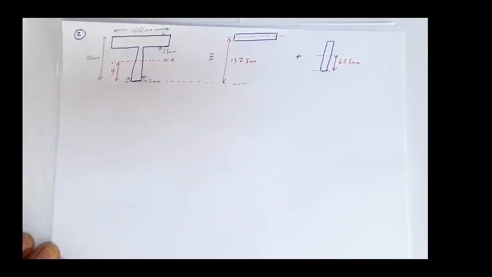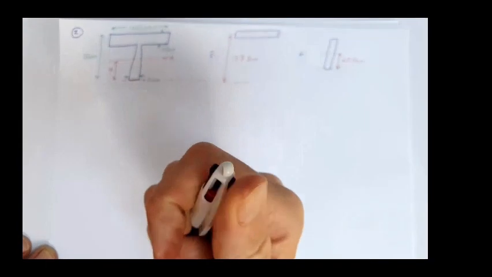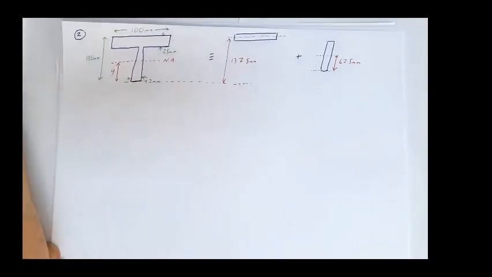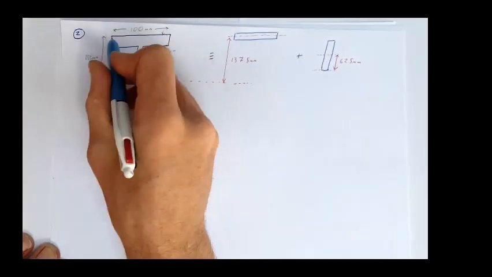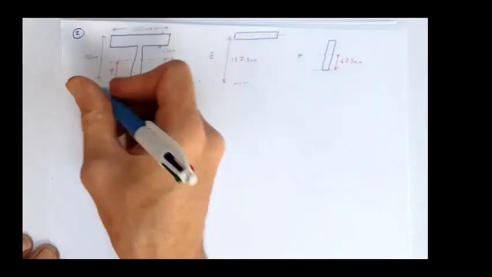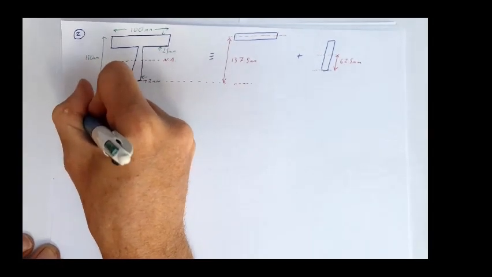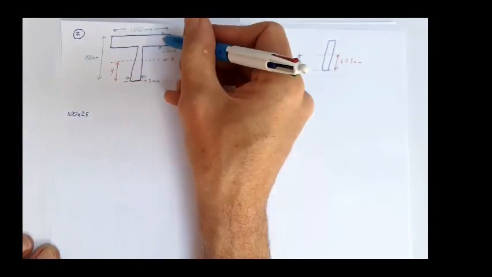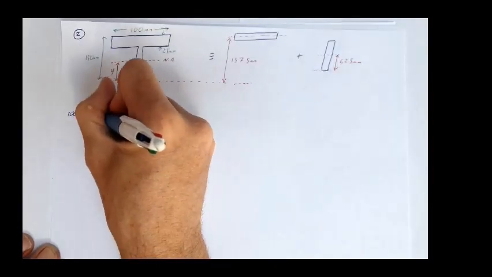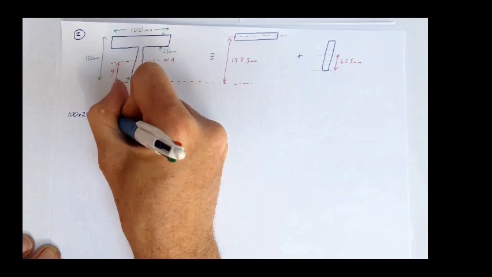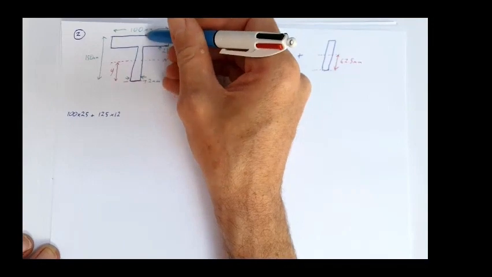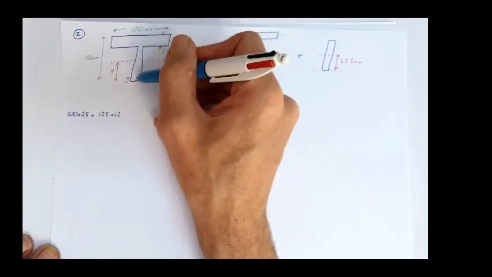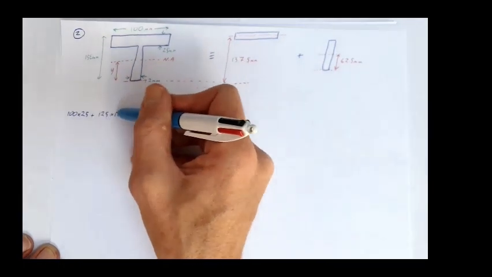So this section here is going to be 100 times 25, so that's the area of the top section, plus 125 times 12, that's 150 minus 25, so 125 times 12, so that's the area of the bottom section.